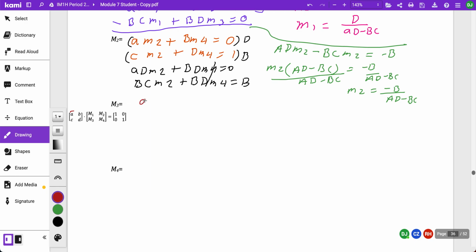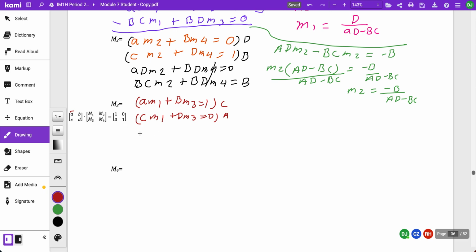So AM1 plus BM3 is equal to 1, and then CM1 plus DM3 is equal to 0. Very similar to the previous ones, but now what we're trying to do is solve for M3, get M3 all by itself. And so what we're going to do is multiply the top term by C and multiply the bottom term by A. Therefore, they'll both have an ACM1, and we can eliminate those.